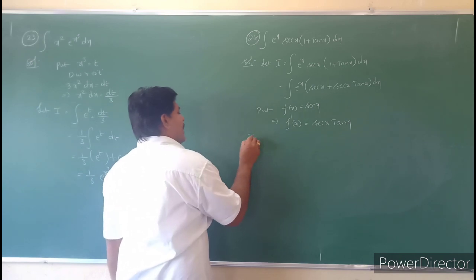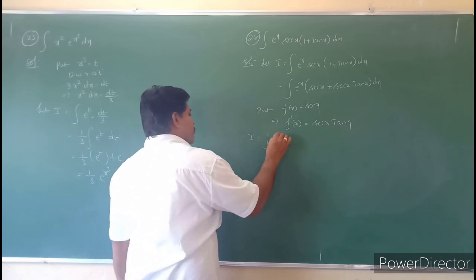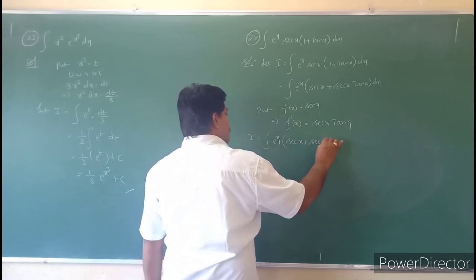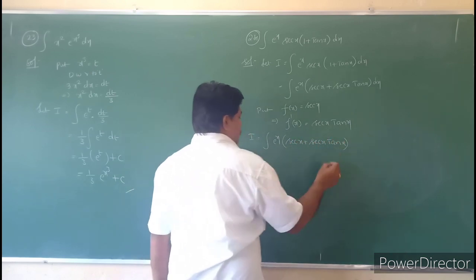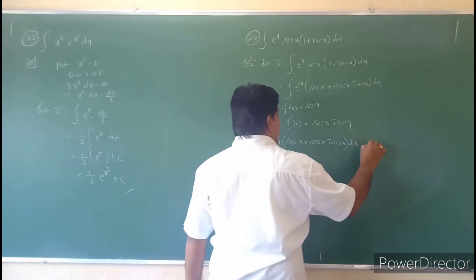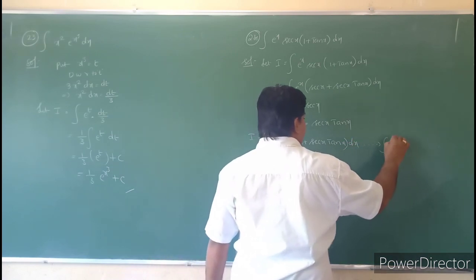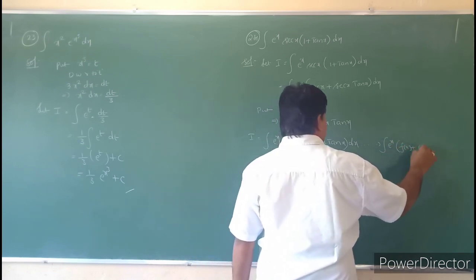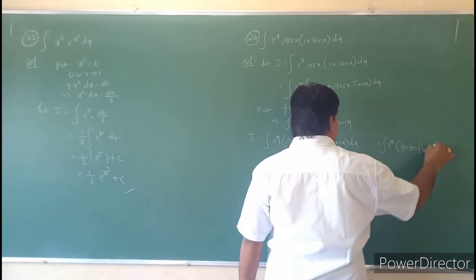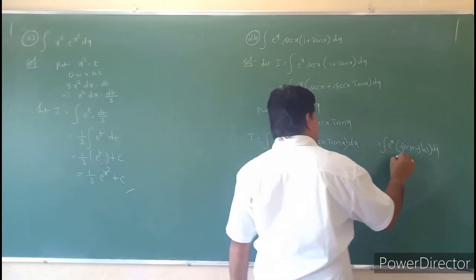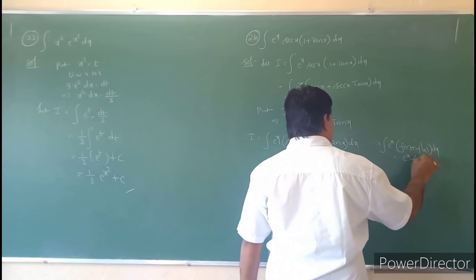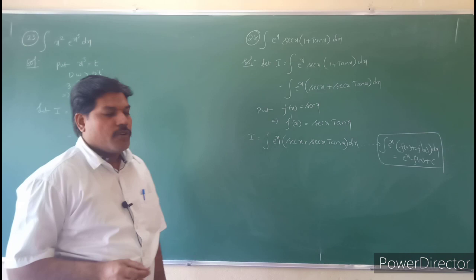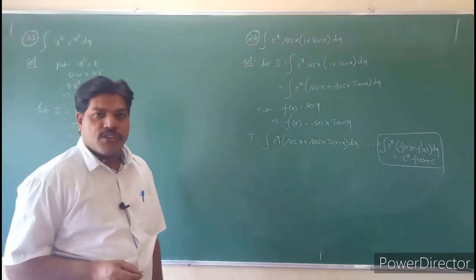Therefore I is equal to integral of e power x into secant x plus secant x into tan x into dx, which is in the form of integral of e power x into f of x plus f dash of x into dx. So the integration is e power x into f of x plus c.